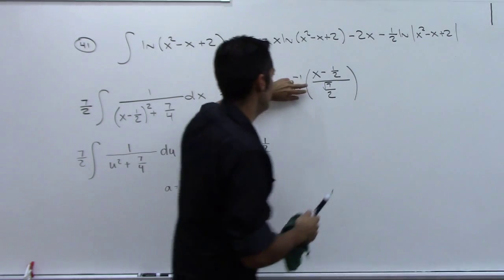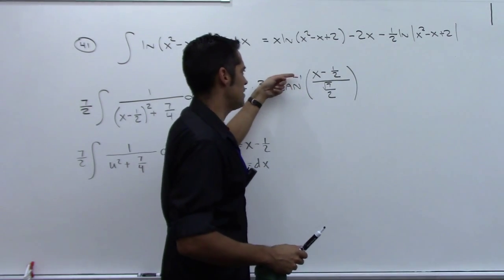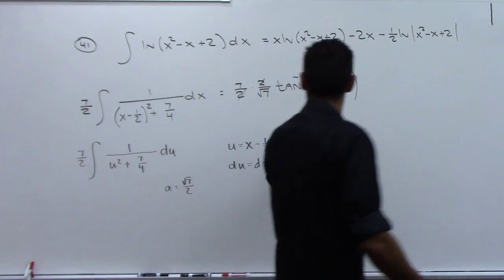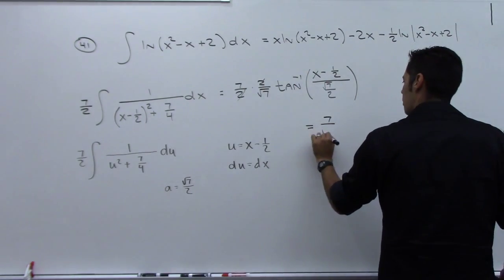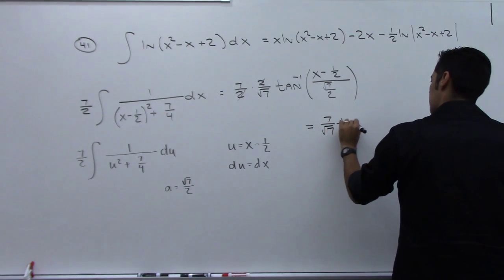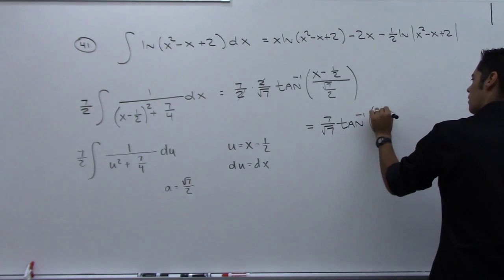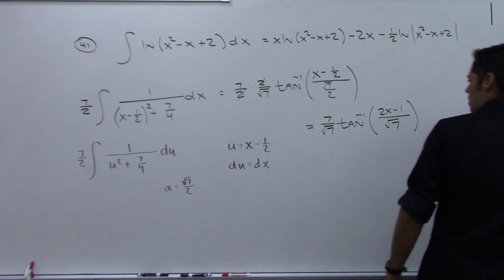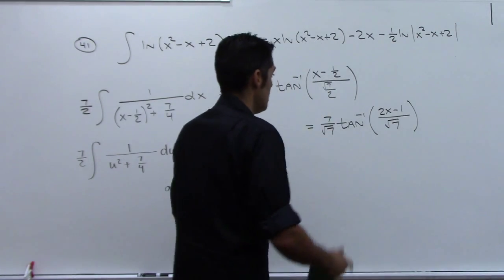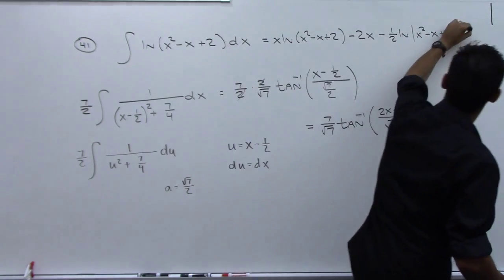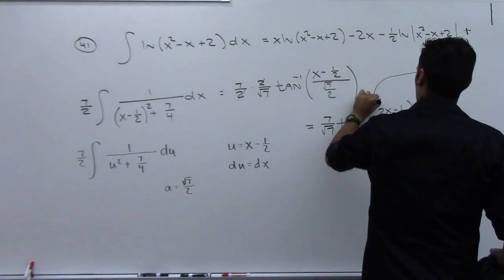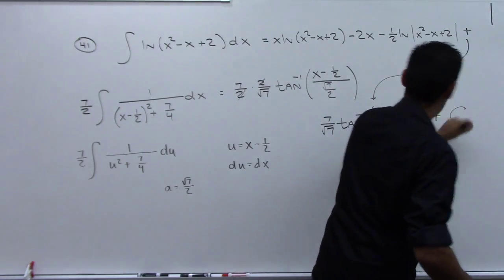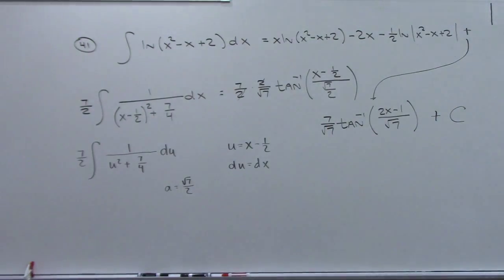They most likely would flip this up and pass the 2 through there, and then we could cancel these 2's. So we get 7 over root 7 arctangent of (2x minus 1) over root 7. And then you could actually rationalize that. But you take this answer and put it right there, add that to it, plus C. That's it.